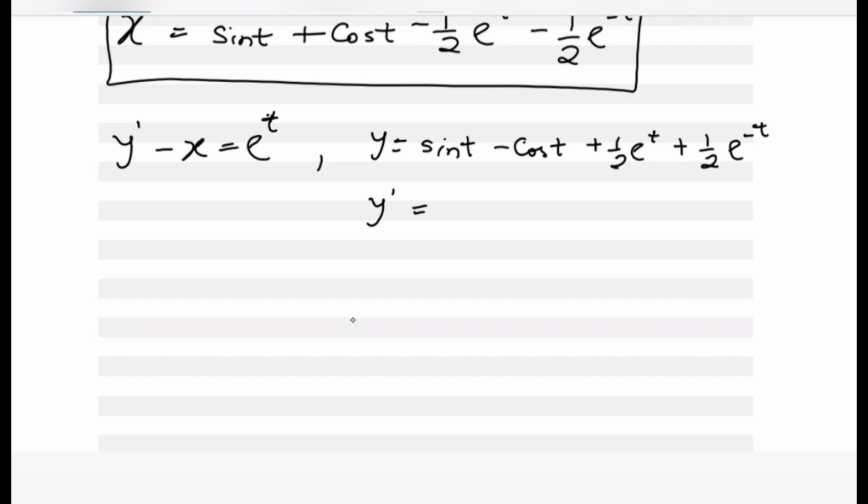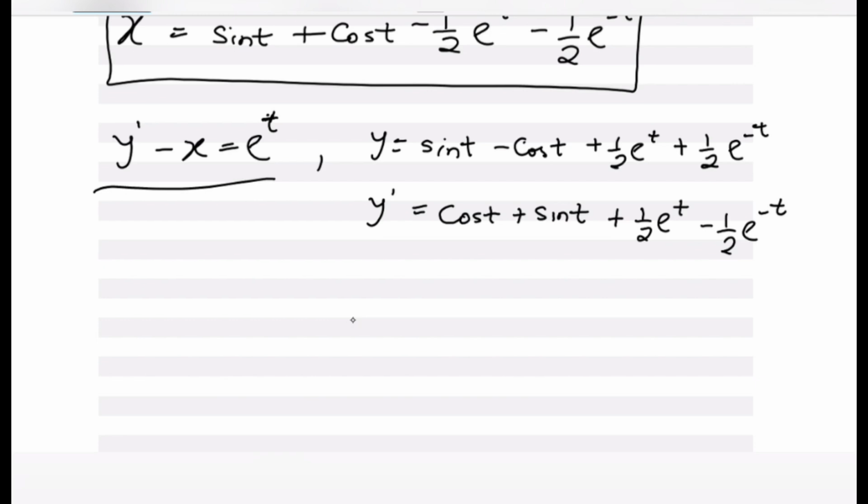If you do that, this will be cos t and this will be negative sine t, so this will be plus sine t, and then the derivative of 1/2 exponential t is the same as 1/2 exponential t, and for this we're going to have negative 1/2 exponential negative t. So these are y prime, so let's put it back in this equation and see if we're going to get exponential t.